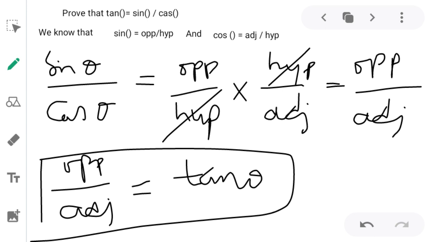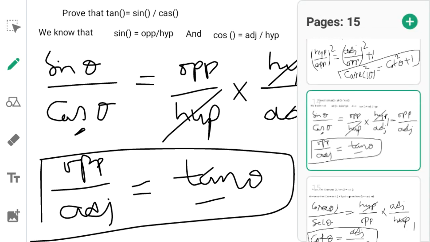But I am taking the reciprocal of cos theta here, because cos theta is in the denominator. Reciprocal means the numerator goes to the denominator, the denominator goes to the numerator. Here hypotenuse cancels one times and the remaining is opposite by adjacent, which is the ratio of tan theta. So tan theta is the third ratio. So dividing 1 and 2, we get the third ratio.